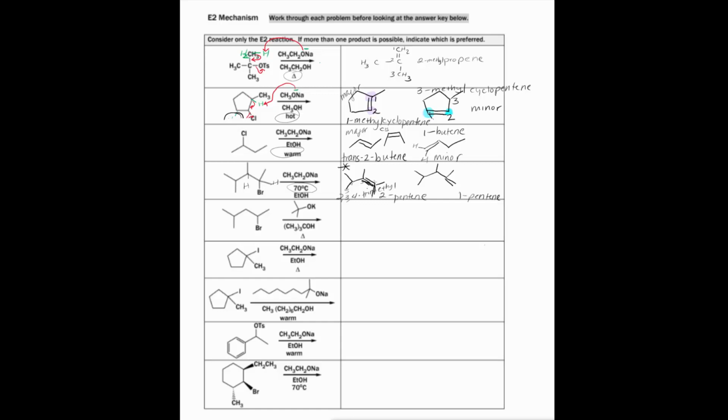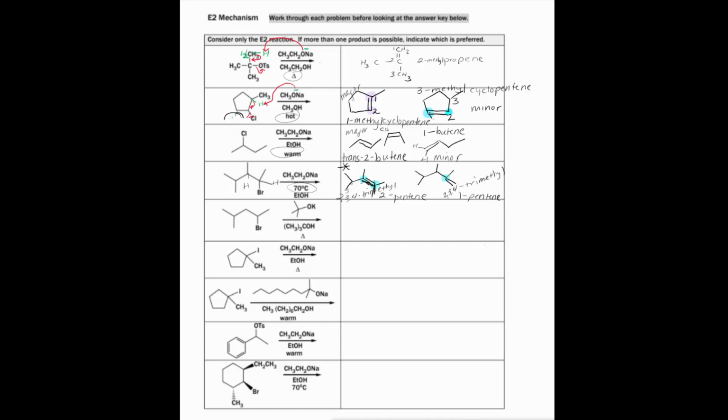It is also a 2, 3, 4 trimethyl 1-pentene. But this one is di-substituted. It has 2 carbons substituted for hydrogens on either side of the double bond. So 2 carbons bonded to the sp2 carbon means this is di-substituted, whereas this one is tri-substituted.